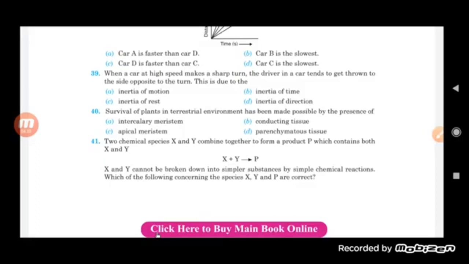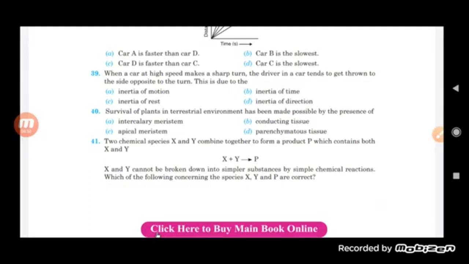Now, survival of plants in the terrestrial environment has been made possible by the presence of what? You know that plants are able to survive because of the presence of conducting tissues. If xylem and phloem are there, only then can the need for food and water be satisfied.